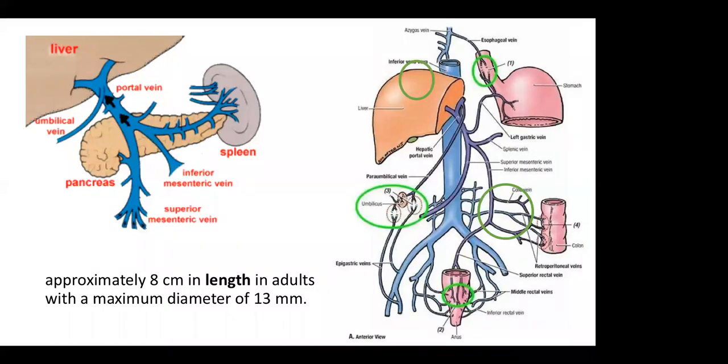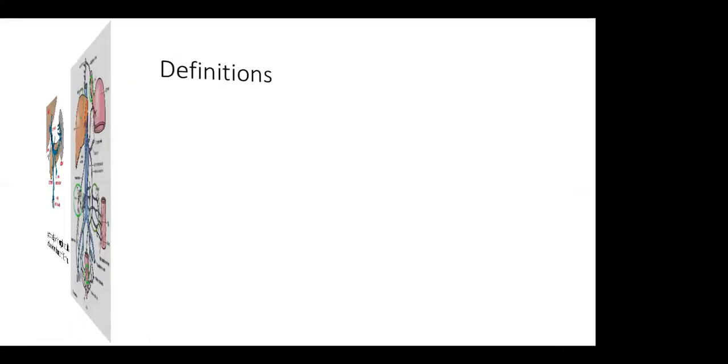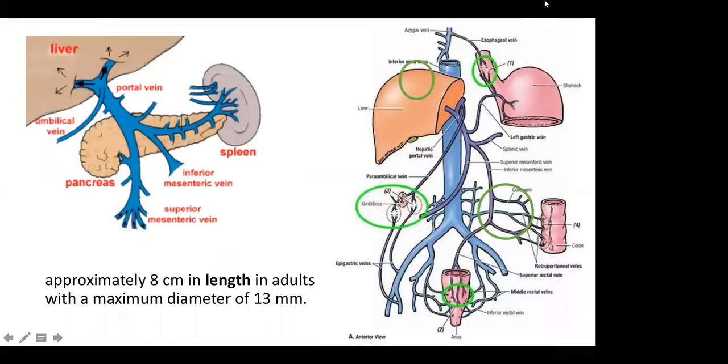And there are 5 areas of portosystemic shunt: in the lower esophagus with the upper stomach, between the esophageal veins, the azygos and the left gastric vein; behind the liver in the bare area; around the umbilicus, between the epigastric veins and the paraumbilical veins; the retroperitoneal area, between the lumbar and colonic veins; and the important one, between the superior rectal vein and the inferior rectal vein.